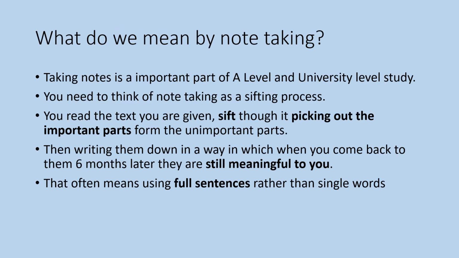What you need to do is make sure your note taking gives you enough detail and depth that you retain an understanding of what is going on, so that you can look back 6 months later and still have those notes be meaningful to you. I'd like you to look back at your notes from the start of the course. Is there enough depth? Do you need to go back over those and add some more depth?